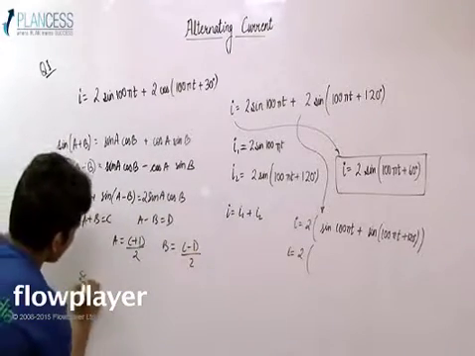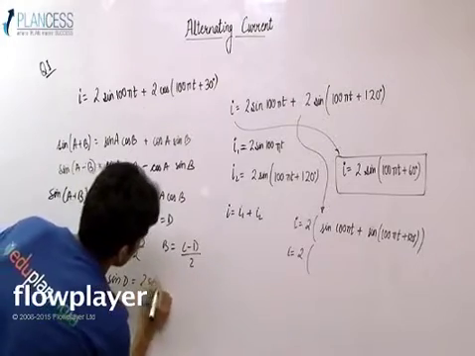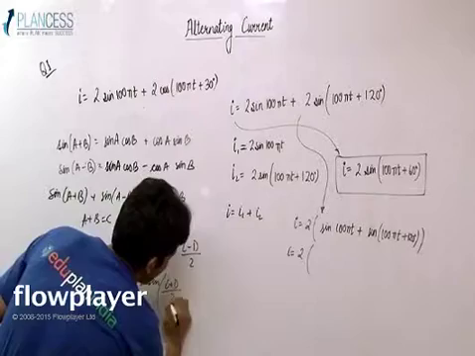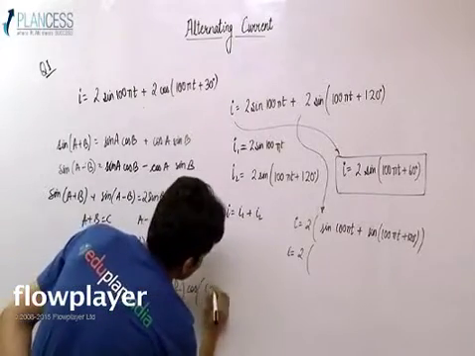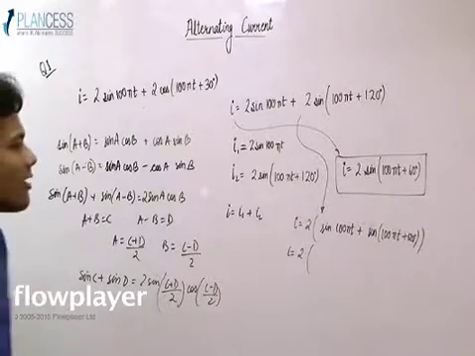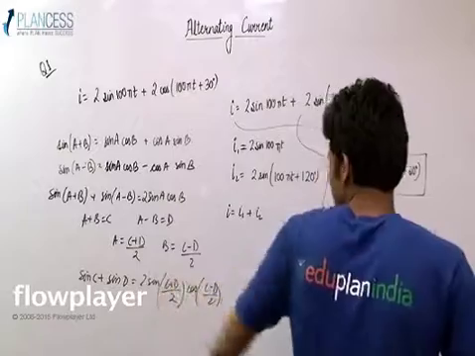So I can say that sine C plus sine D is equal to 2 sine C plus D by 2 into cos C minus D by 2. So using this trigonometric formula, I is equal to 2 sine A plus sine B, that is sine C plus sine D.